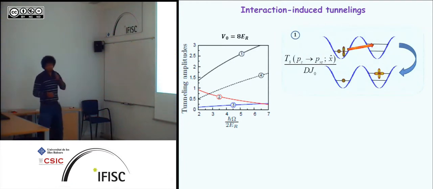So the next thing is these tunneling processes, which I told you about before. Now there is the chance that two particles are on the same site, and because of this interaction, one can tunnel to the next site, to this orbital, which is given by this one. I plotted this as a function of J0, which is the usual tunneling strength, and D, which is the dipolar strength, and this is very strong.